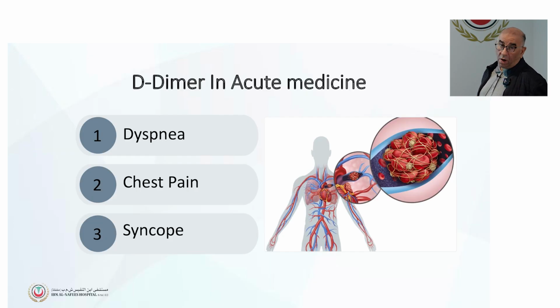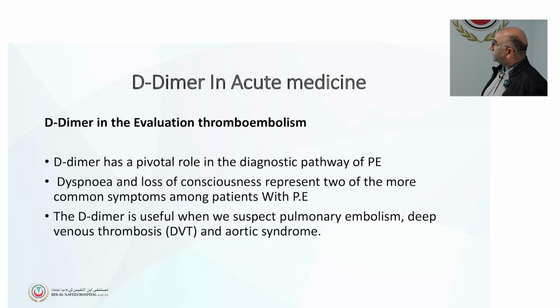So how do we use it? We use it when somebody comes with dyspnea or shortness of breath, chest pain, syncope. This is the main utilization of D-dimer in acute medicine. Of course, as we said, in the low risk group. So D-dimer has a pivotal role in the diagnostic pathway of pulmonary embolism.